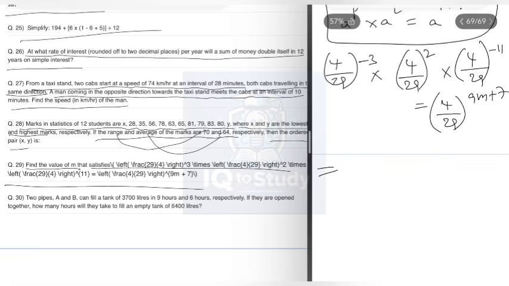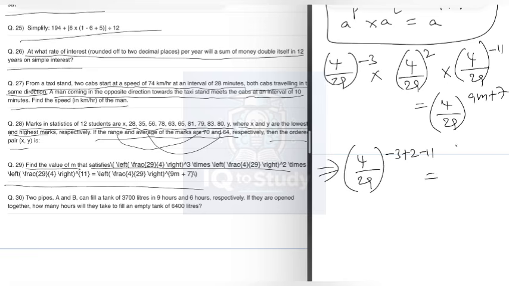Which implies (4 by 29) whole power minus 3 plus 2 minus 11 is equal to (4 by 29) whole power 9m plus 7. So minus 12 is equal to 9m plus 7.